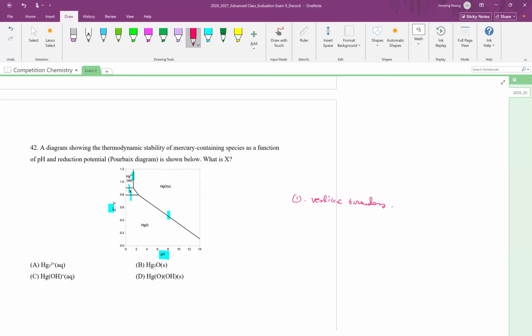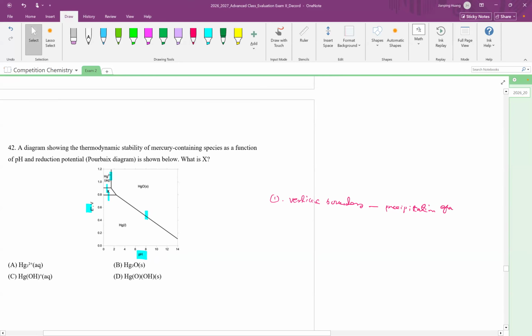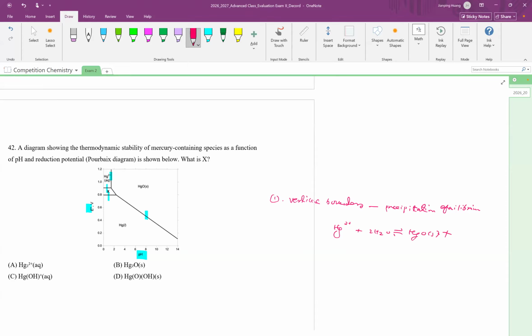Not involving electrons, not involving potential. Okay, you write it yourself. Which means it's a simple precipitation equilibrium. In this case, it's plus water and 2 plus.